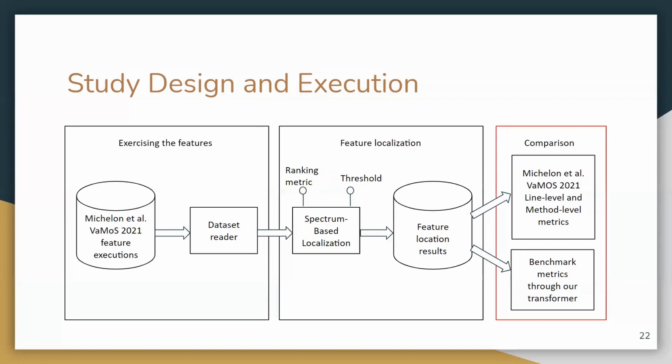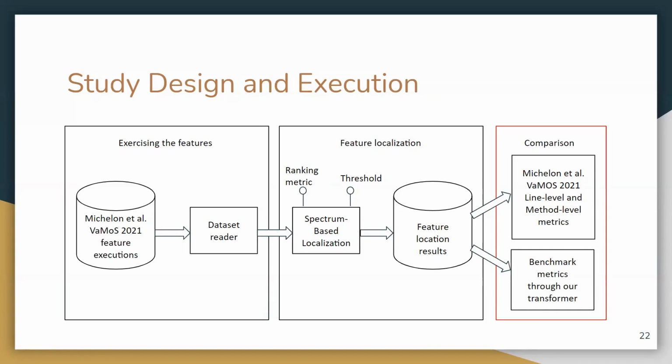Regarding how we perform the comparison with previous work from Michelon et al. 2021, in this work, metrics are based on line and method level, due to existing feature location techniques being limited to method level or not yielding satisfactory results when applied to single systems. We then reuse the code to calculate the line and method level from Michelon et al. 2021 and are able to compare the two feature location techniques in equal conditions.